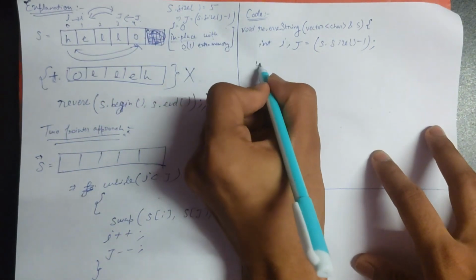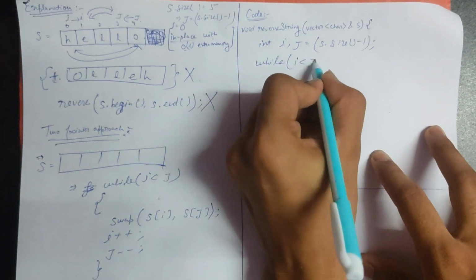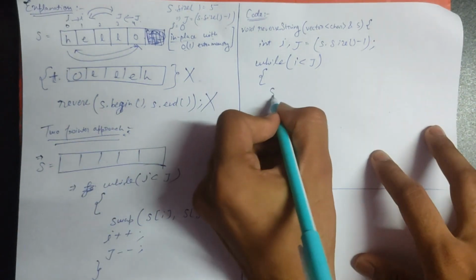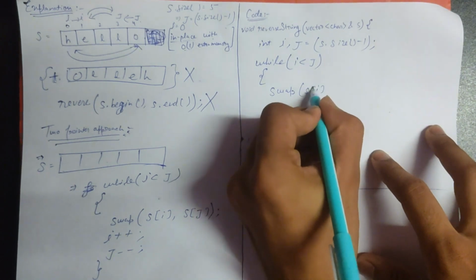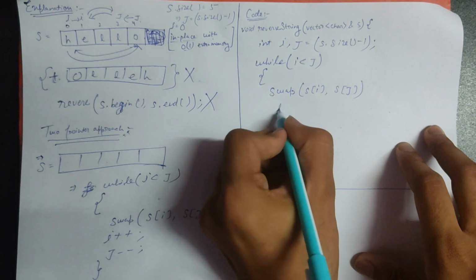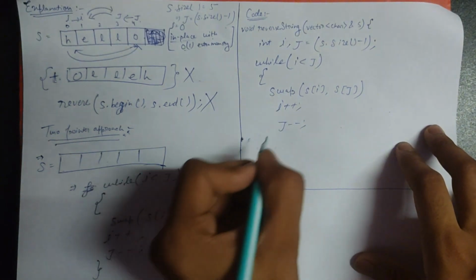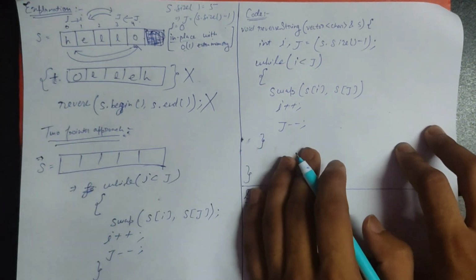And we will run a loop while i is less than j. We will swap the characters s[i] and s[j]. After this, we will increment the i pointer and decrement the j pointer, and the loop will end, and it is our final code.